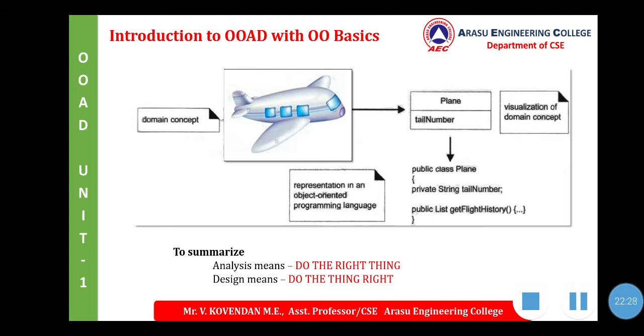It comes to the real implementation part. It gives the solution for the development of an application, whether we are developing the right product. In software engineering we have the concept of verification and validation, so it is related to that. In analysis we analyze the things right; in design, are we developing it right?